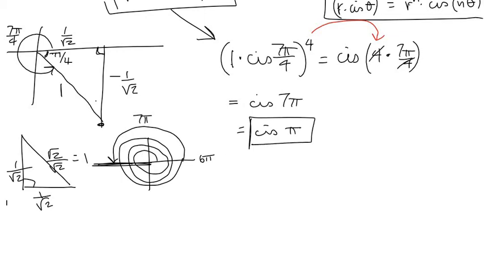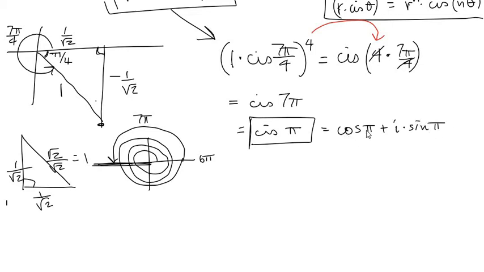It's 1 cis pi, but we might want to go ahead and give that answer in Cartesian form or a plus bi form. So what does cis pi stand for? It stands for the cosine of pi plus i times the sine of pi.